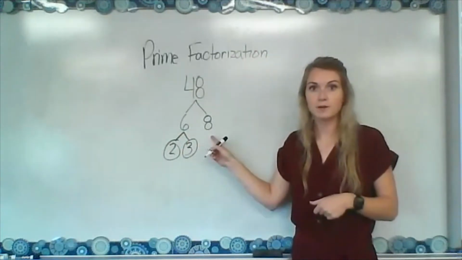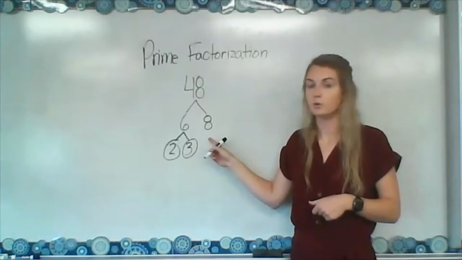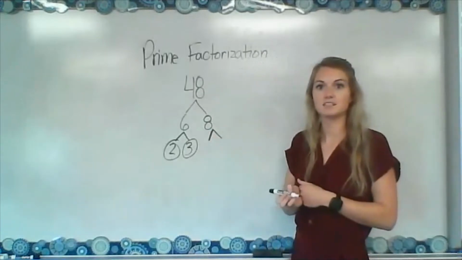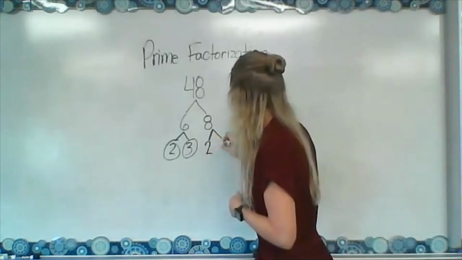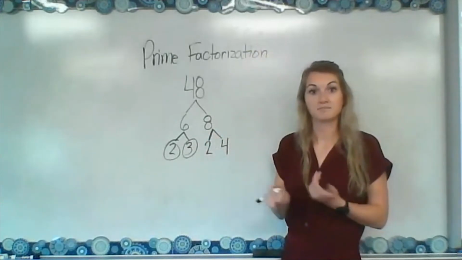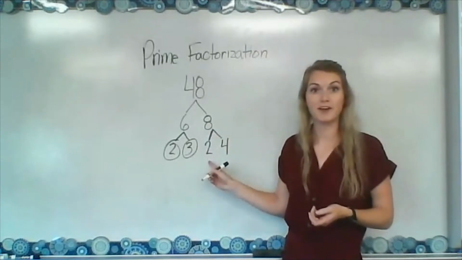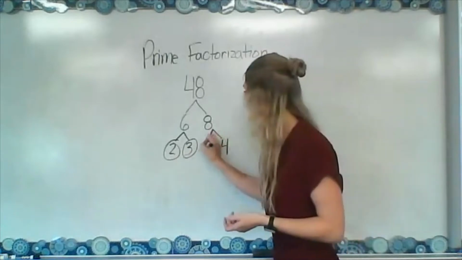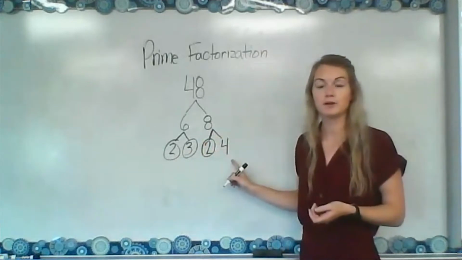Is 8 a prime number? No, right? I'm going to do another branch off of 8. 2 times 4. Is 2 a prime factor? Or is 2 a prime number? Yeah, we already know that, so we circle it. Is 4 a prime number?